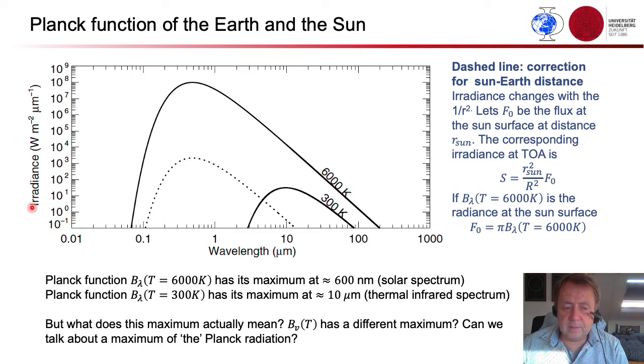And I believe this is actually accounted for in this graph. But what is not accounted for is the scaling of the different distances. Doing so, we get, instead of the upper solid curve for 6000 Kelvin, the dashed curve. So it's already significantly reduced. But this is only one aspect. There's another point quite important, particularly when we want to talk about climate relevant aspects.